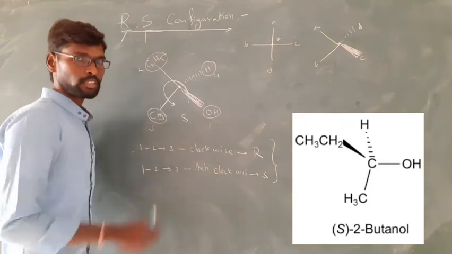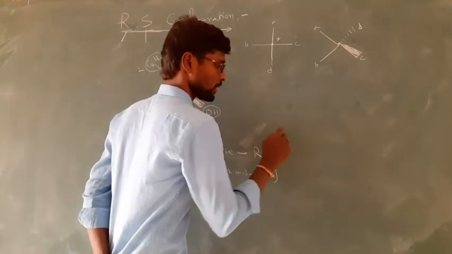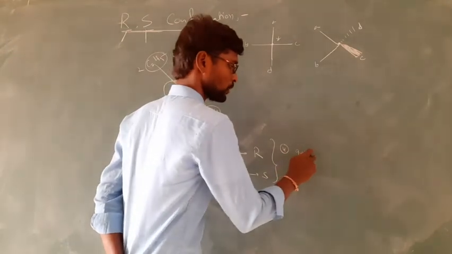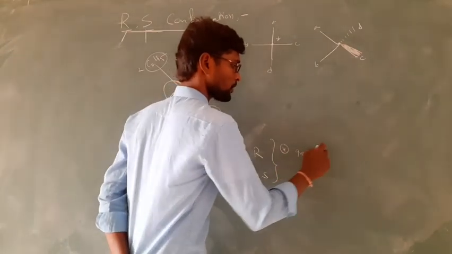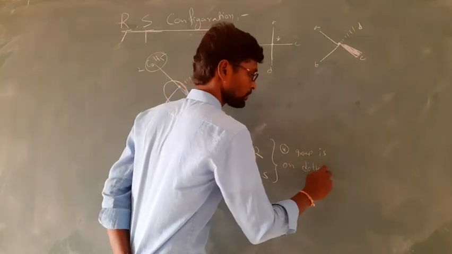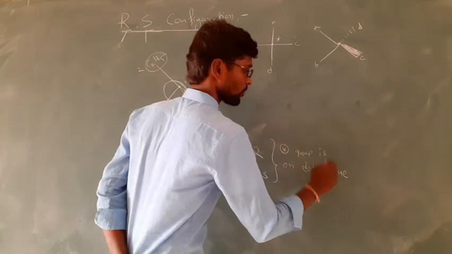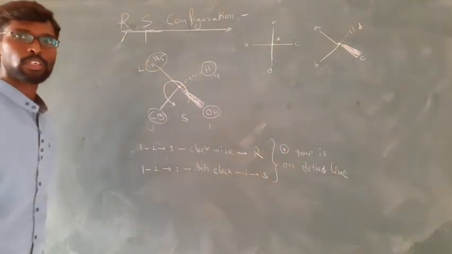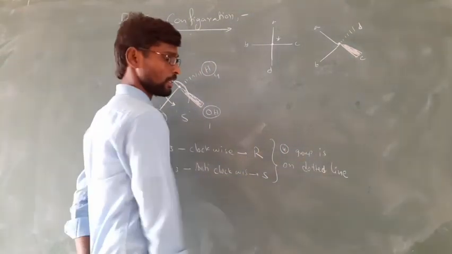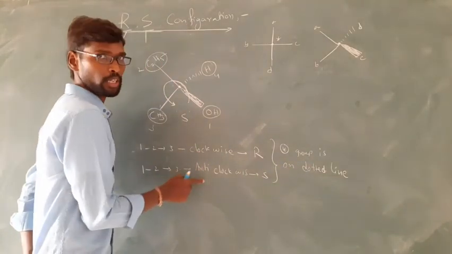Now here also one condition is there, that is when the fourth priority group is on the dotted line. When the fourth priority group is on the dotted line, then only these two rules are applicable.